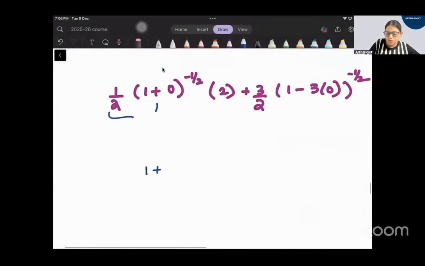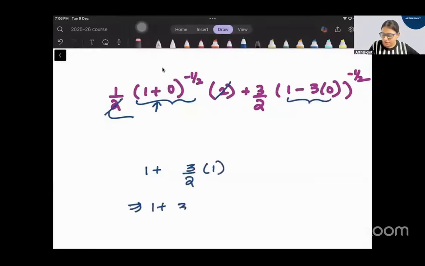This is 1 plus 0, is 1, to the power anything is 1. This 2 and 2 will cancel out. So this will be just 1 plus 3 by 2, 5 by 2. Is it clear now?